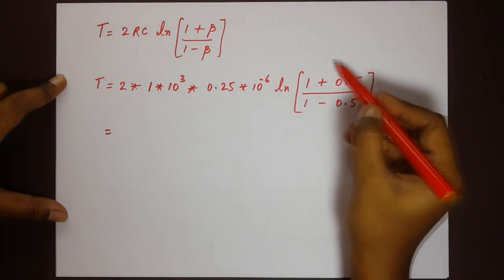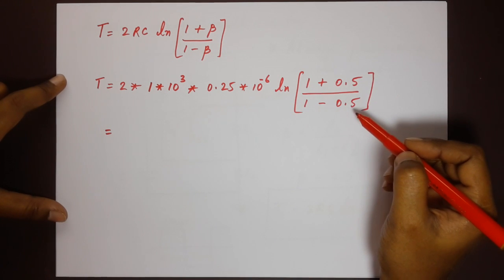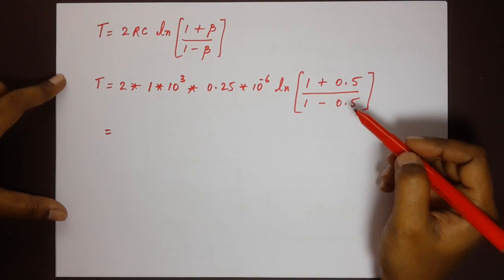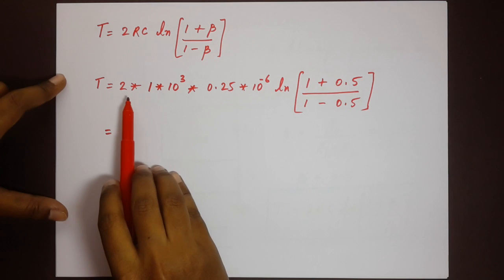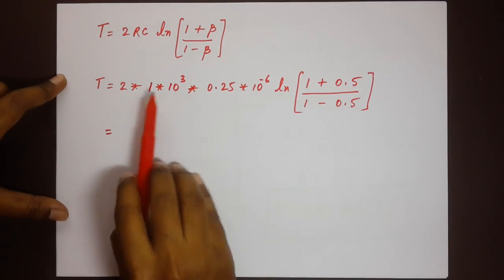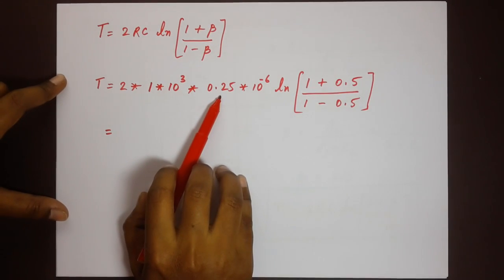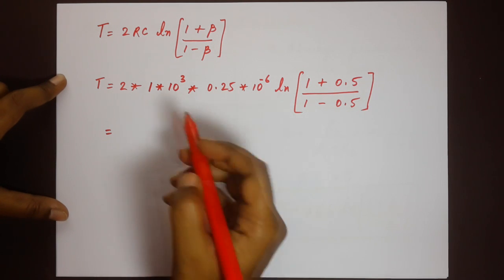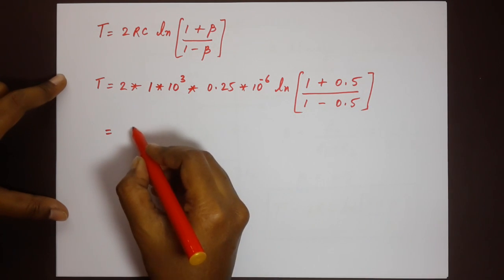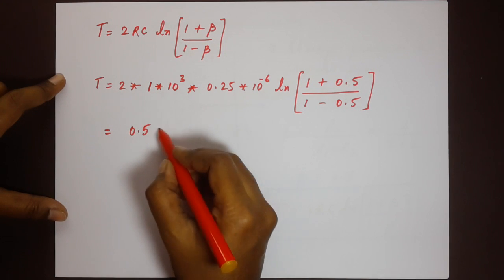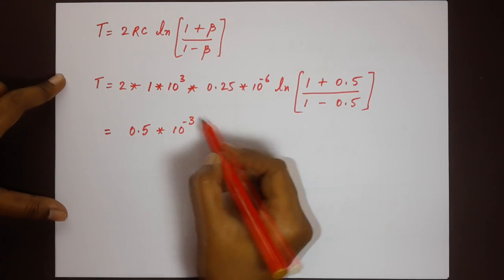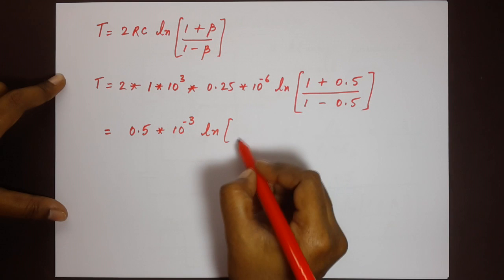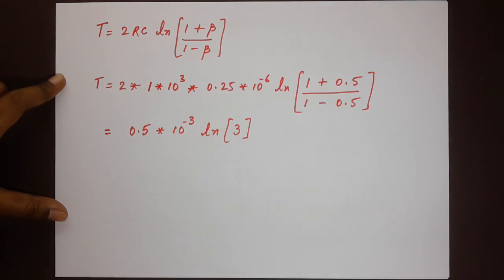Now this entire part, 1 plus 0.5 divided by 1 minus 0.5, comes to 3. And let's see, here we have 2 into 0.25, and then 10 power 3, 10 power minus 6. So we will obtain 0.5 into 10 power minus 3 ln of 3.